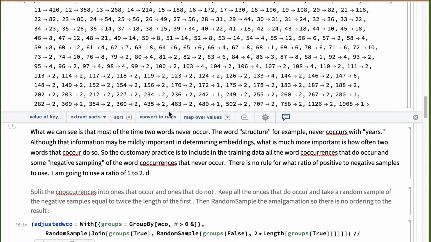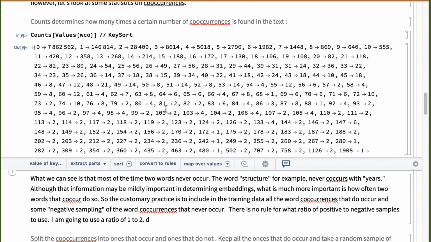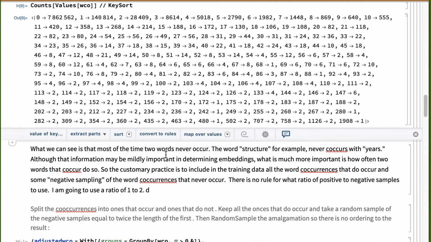But we're really not that interested in the situation where the words don't co-occur. We do want some of them to figure out how similar words are. This is called negative sampling, but mostly we want to focus on co-occurrences that actually did occur.